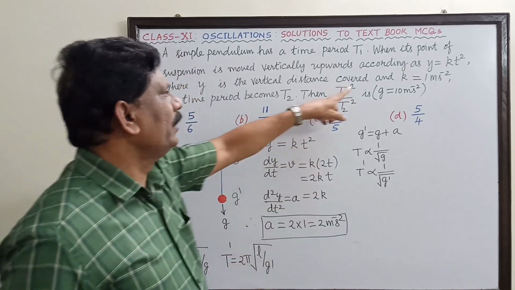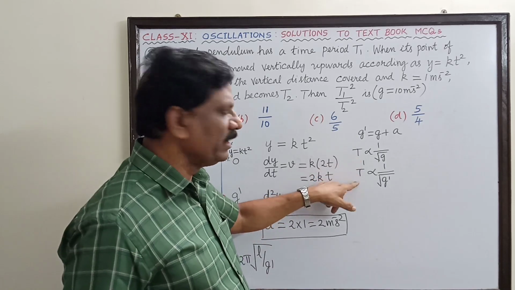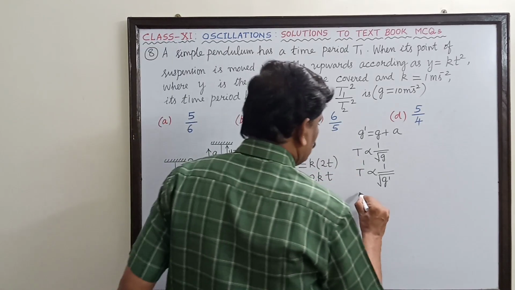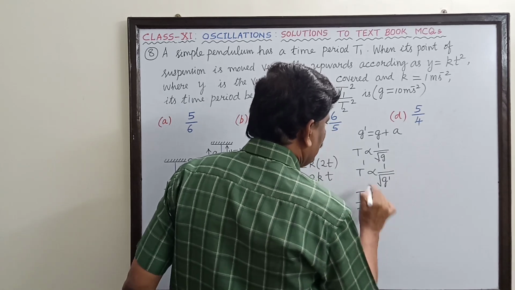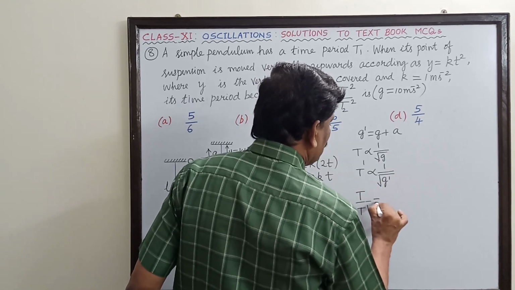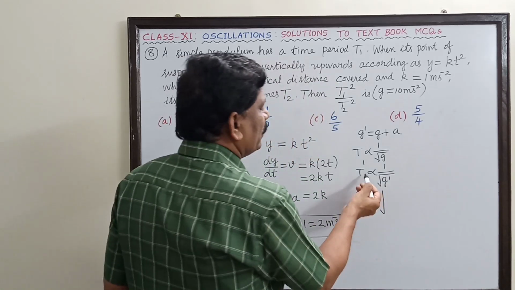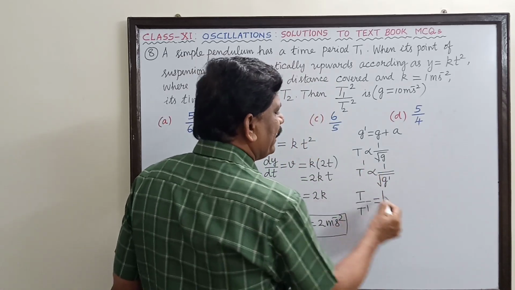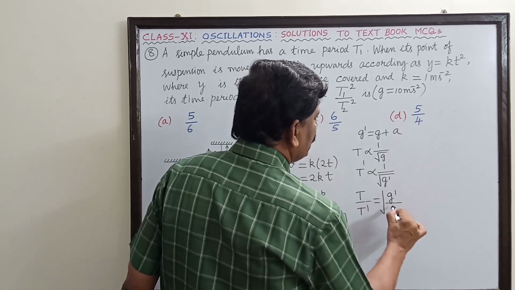Now, here T1 square by T2 square is to be determined. So, I will take the ratio T by T dash, which is equal to square root of g dash divided by g.